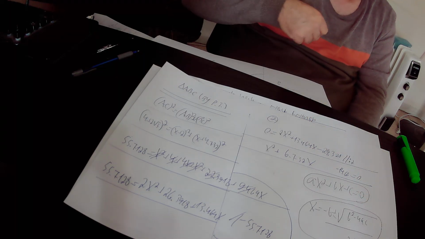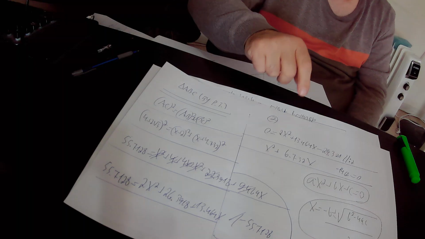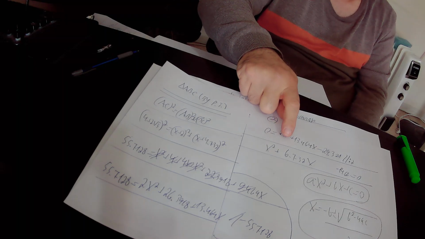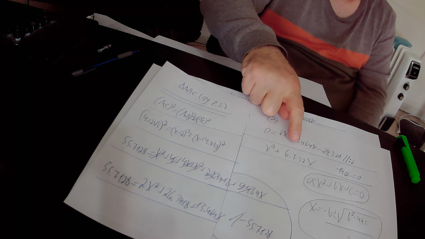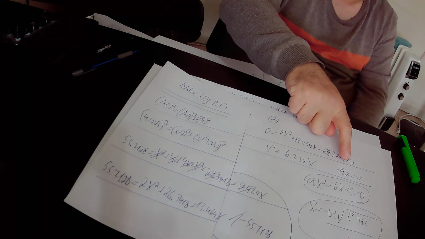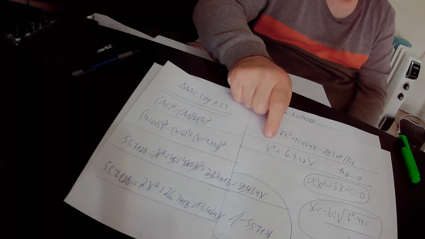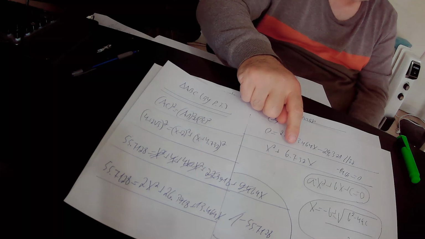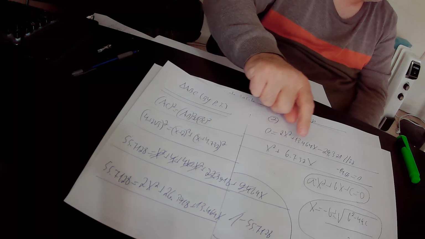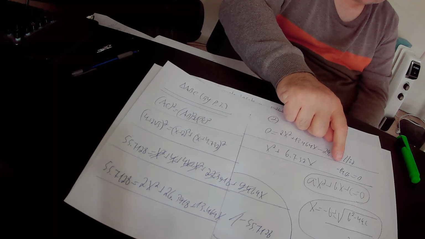For our specific quadratic equation, x² plus 6.732x minus 14.66 equals 0, the coefficient a equals 1, the coefficient b equals 6.732, and the coefficient c equals minus 14.66.